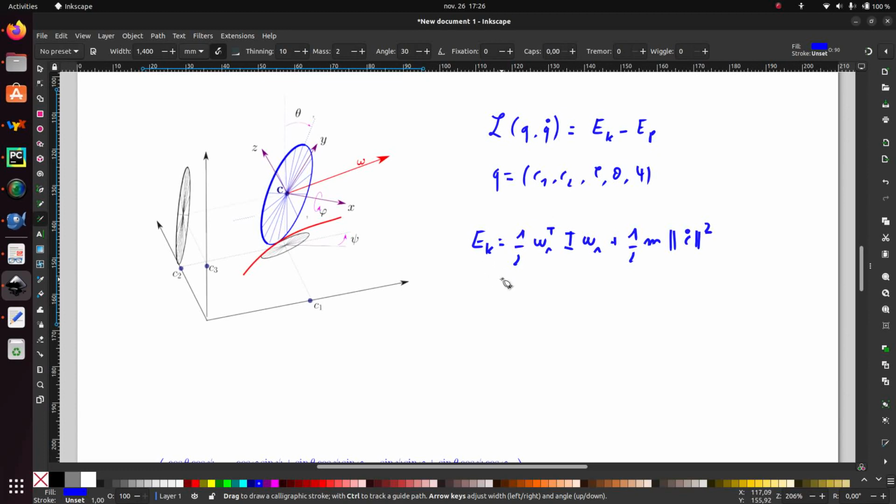The inertia matrix I is a diagonal matrix, with mr² divided by 2, mr² divided by 4, and mr² divided by 4. So it is a diagonal matrix.